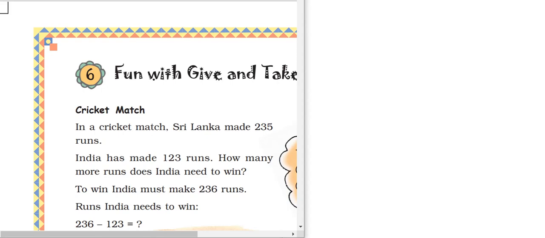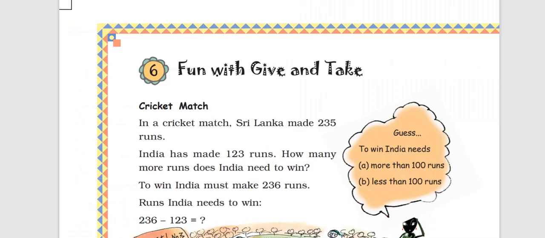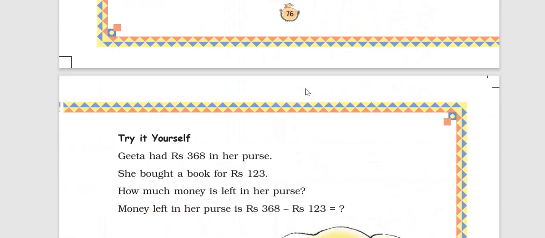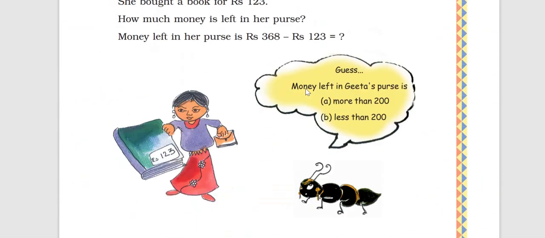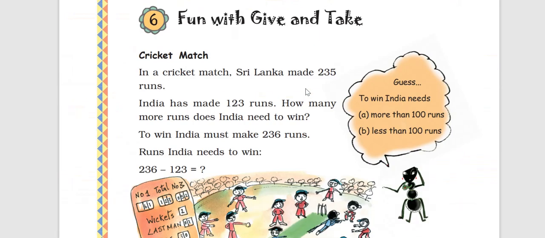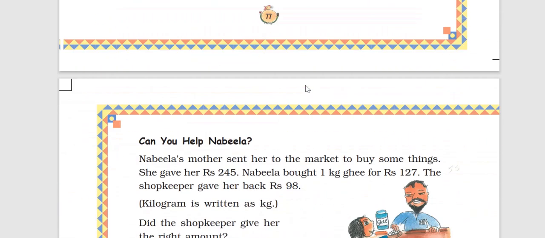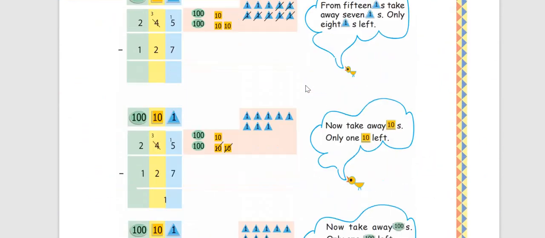Now, we will continue with the remaining part of chapter number 6, which is Fun with Give and Take from your maths textbook. We have looked at pages 76 onwards through page 84 in part number 1.